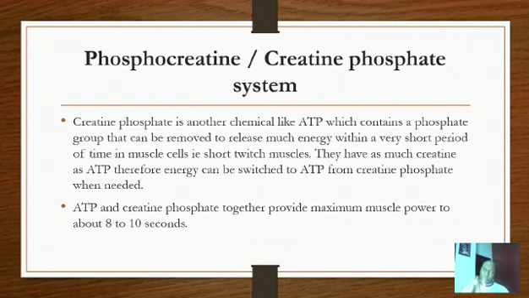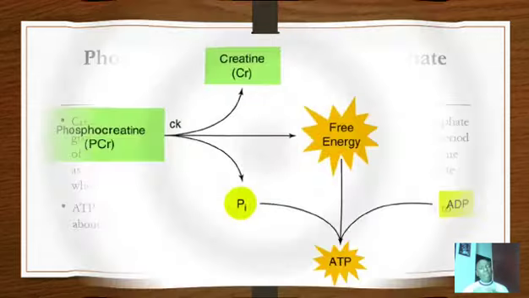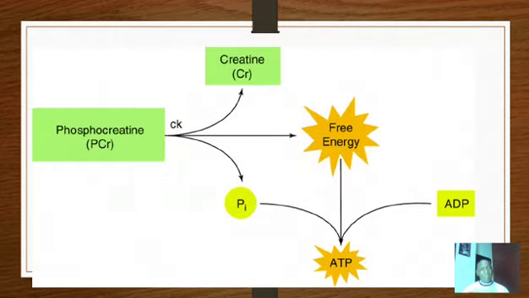Creatine phosphate, just as we hear the word, is a combination of creatine and phosphate, meaning that if energy is needed within the body, phosphocreatine splits into creatine and phosphate, thereby releasing energy.